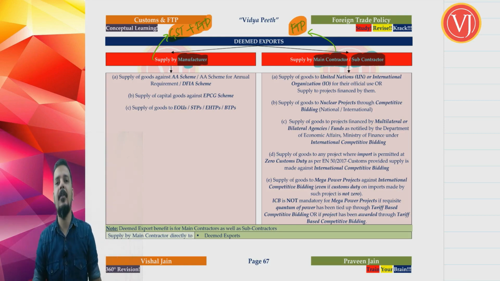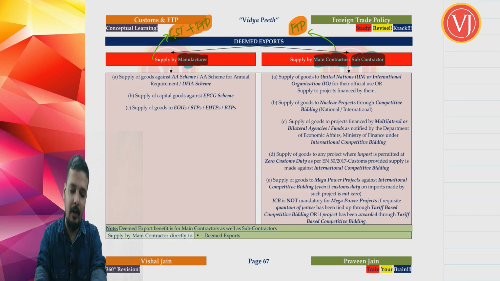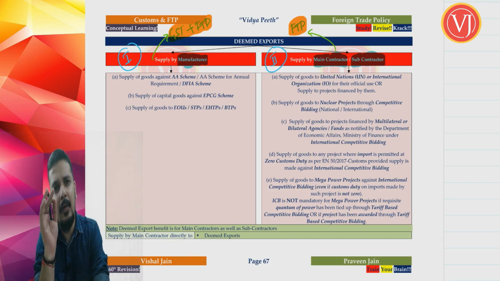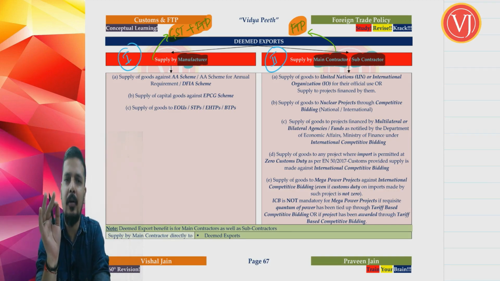So the first part, let us call this deemed export part 1, and the second, deemed export part 2. Deemed export part 1 is nothing but whatever we have discussed in your GST. What was deemed export?